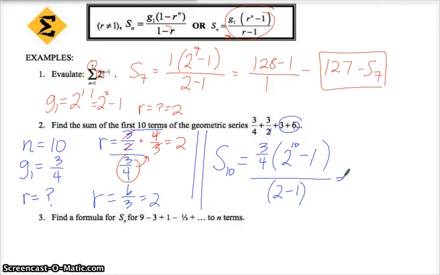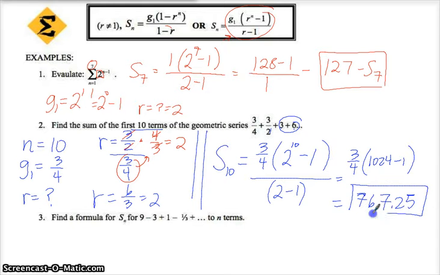So 2 to the 10th power, anybody? 1024. So I have 3/4 times 1024 minus 1, which is 1023. So 1023 divided by 4 times 3, and I get 767.25, or 767 1/4. So this is the sum of the first 10 terms of this series.